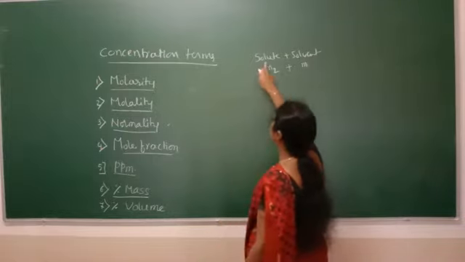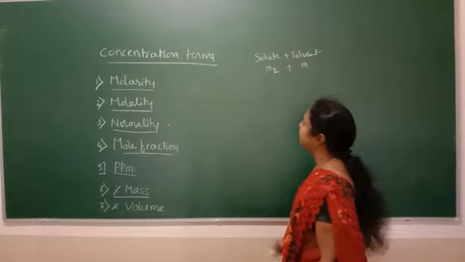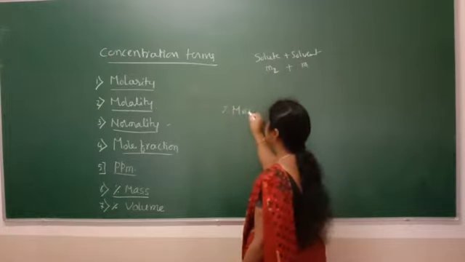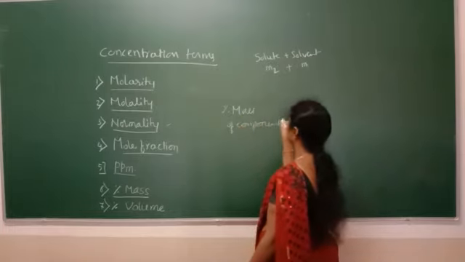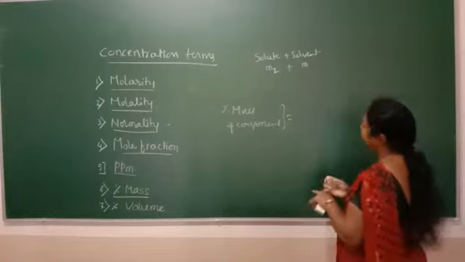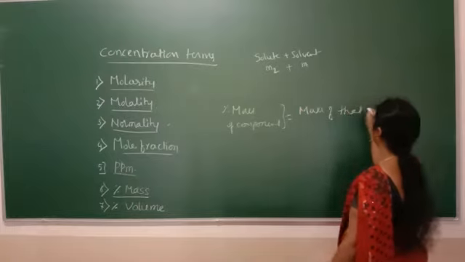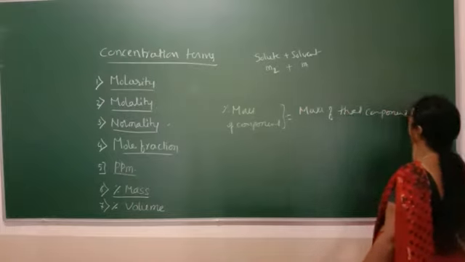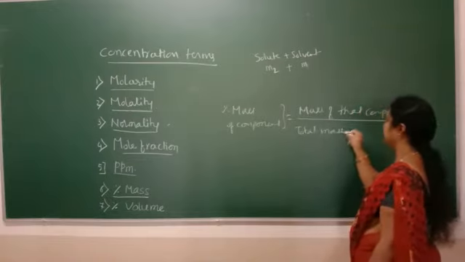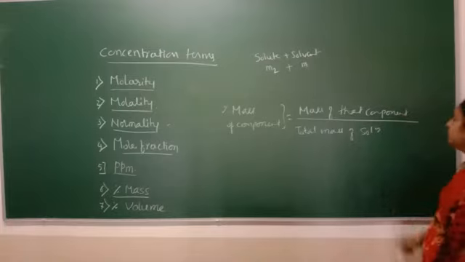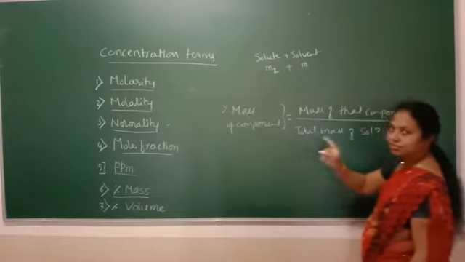So it may be either solute or solvent. We are going to calculate the percentage mass of solute or also percentage mass of solvent. So percentage mass of any component can be defined as mass of that component divided by total mass of solution, into 100, so we are calculating the percentage mass of that component.